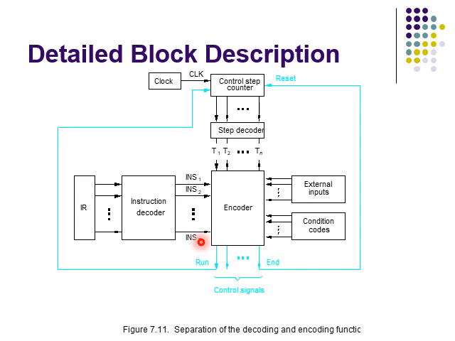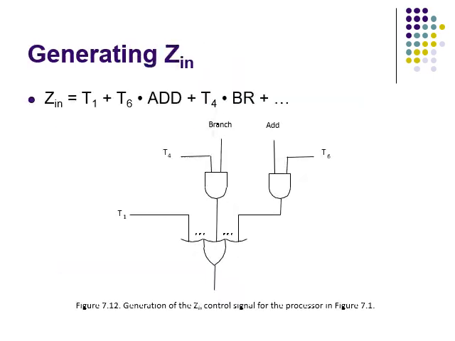The input signals to the encoder block are combined to generate the individual control signals Yin, PCout, Add, End, and so on. An example of how the encoder generates the Zin control signal for the processor organization is shown here.